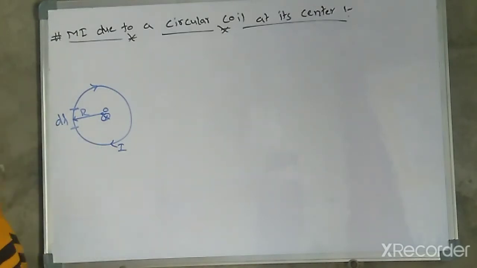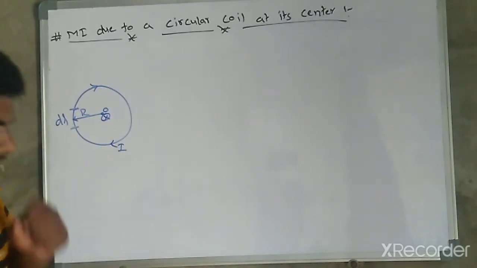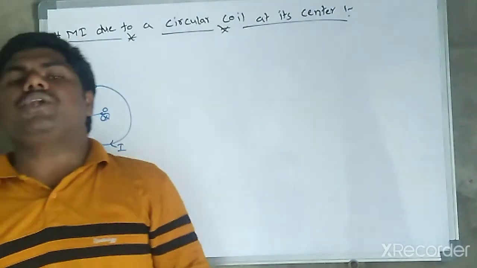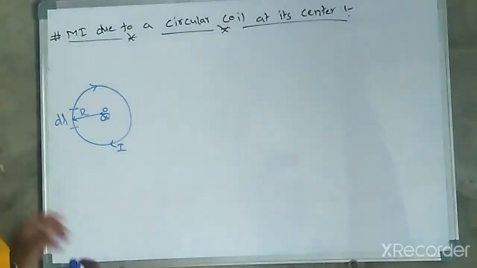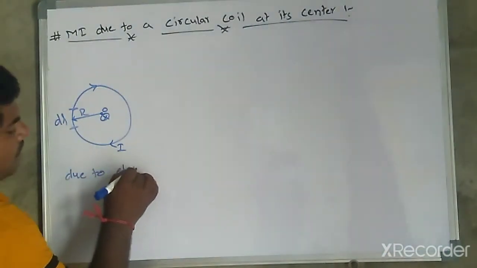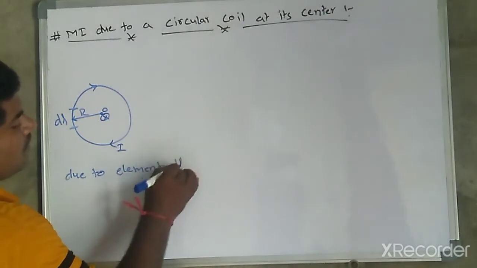Here the magnetic field dB at the center of the circular coil, due to element dl.